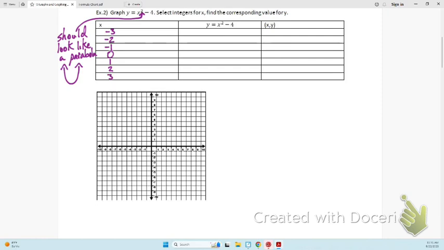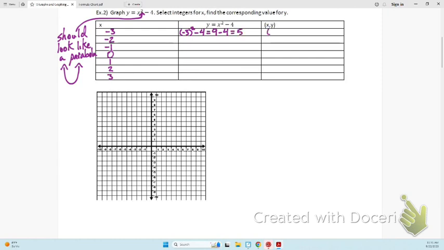In the middle column, that left column is a tad too big, but oh well, you could do math over there if you want. But we're going to plug in negative 3. Since it's negative, please use a parenthesis, and that'll save you from messing up. Because if you don't use a parenthesis, your calculator will give you the wrong answer. So negative 3 times negative 3 is positive 9, and we get 5.